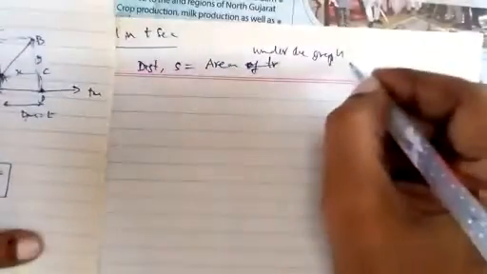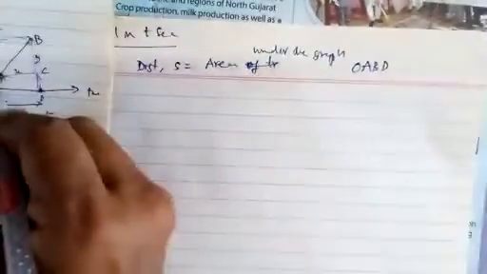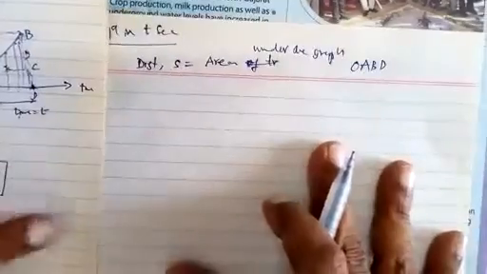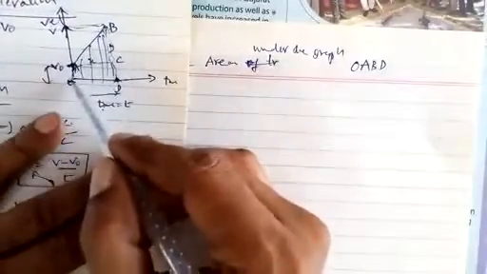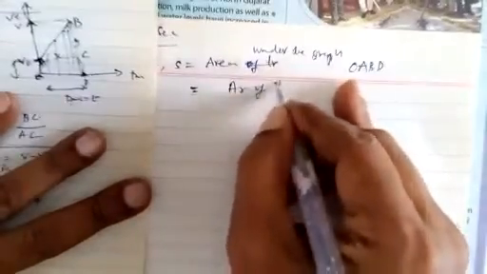See, this graph is like this, so the area under the graph is OABD. This is the area under the graph. This area looks like OABD, so it is the area of a trapezium.